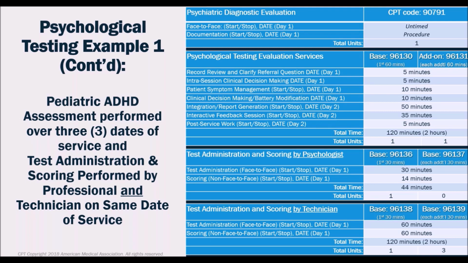So day one spent 44 minutes. The first 30 minutes is billed using the base code 96136, and the other 14 minutes do not reach the threshold of being more than 15 minutes to use an additional 30 minutes for the testing and scoring by the psychologist. So you would only bill 1 unit for the testing and scoring by the psychologist.